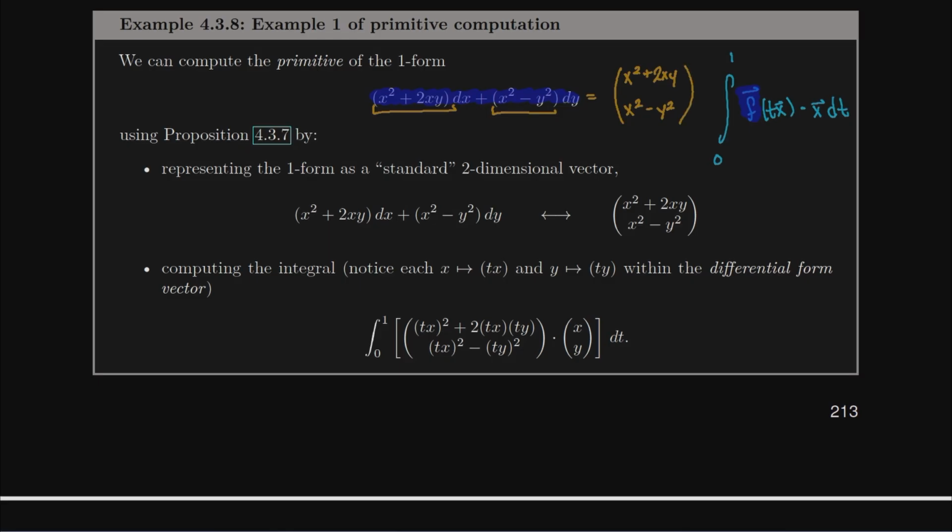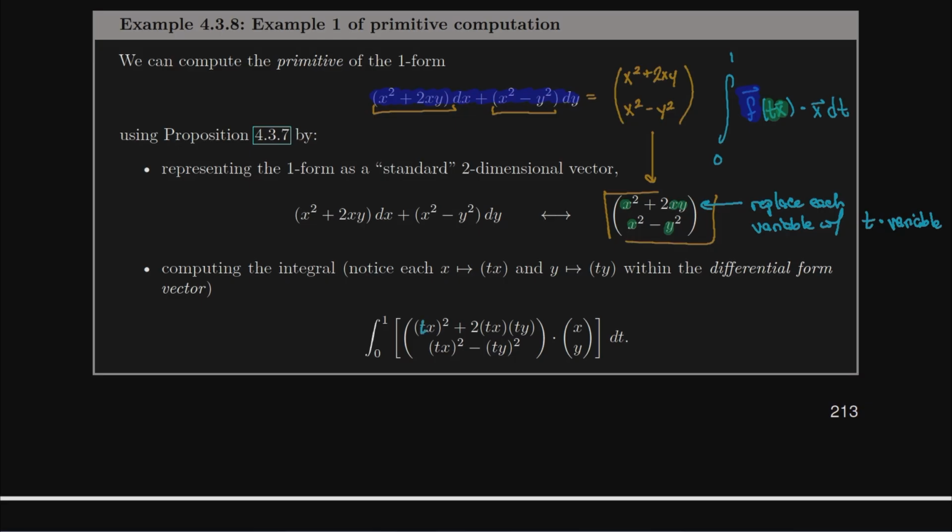So there's my vector. You can see that's what I have here. And then I have to go through a little extra work. Not only is it the vector version of that differential form, but it's evaluated on t times my variables. So rather than a variable, I need to replace each of these variables with t times the variable.